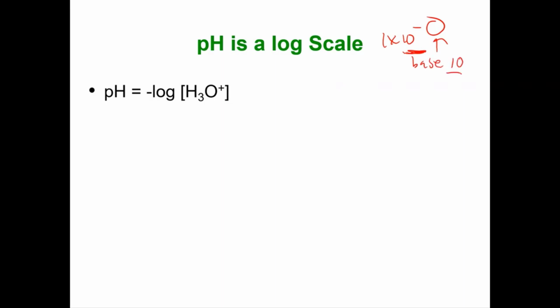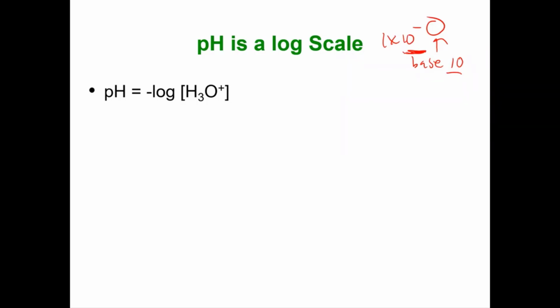The other thing you have to understand is, to make the pH an easy number, how do we take 1 times 10 to the minus some number and make it an easy scale? We have to take the negative log. And the reason why we're doing log functions, and again, you might want to get your calculator, is this exponent is using a base of 10. And on your calculator, when you use log, it's base 10, right?